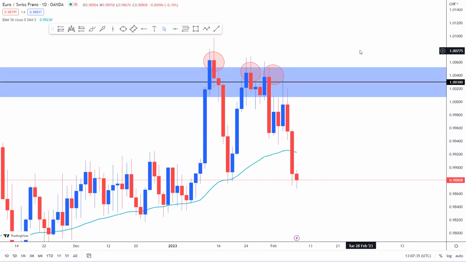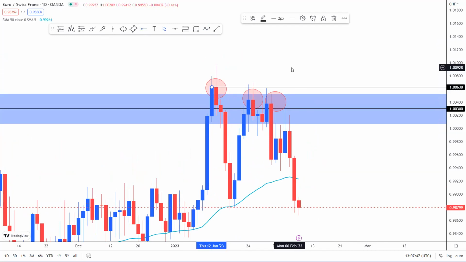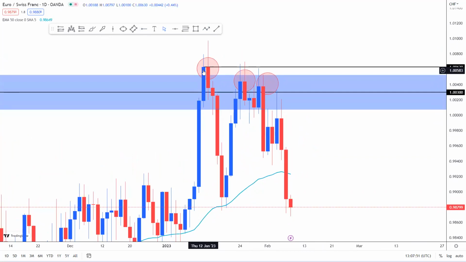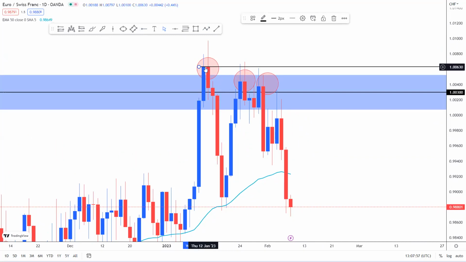Then there was something I quickly noticed from the daily time frame. When we retested this key level, every time we made this swing high, take note of the candlestick closes. We closed right here the first time price came into the key level from the daily time frame perspective.